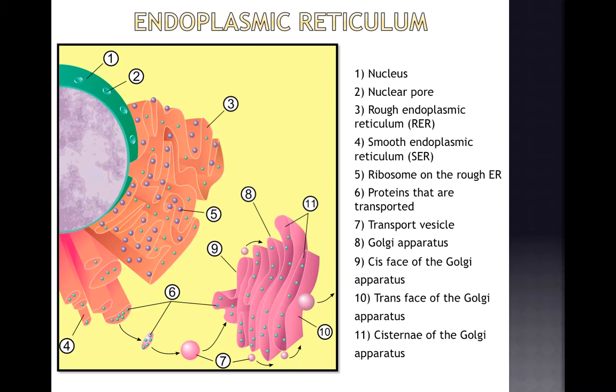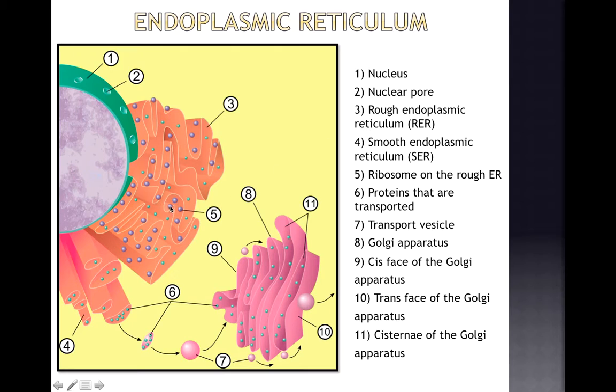If the protein is going to be used outside of the cell for something else, then the ribosome actually attaches itself to the endoplasmic reticulum, the ER. And the part of the ER that is studded with ribosomes is called the rough endoplasmic reticulum.